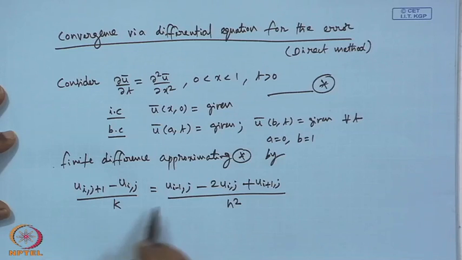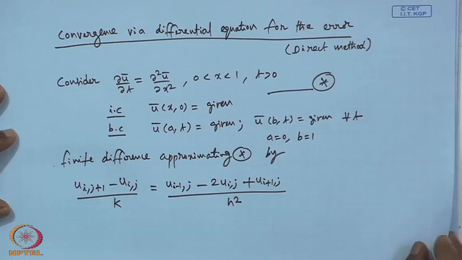Okay. So, now we would like to talk about convergence, right. So, what would happen at each grid point, there will be some error. Okay.